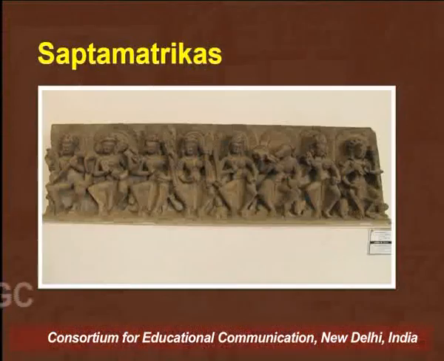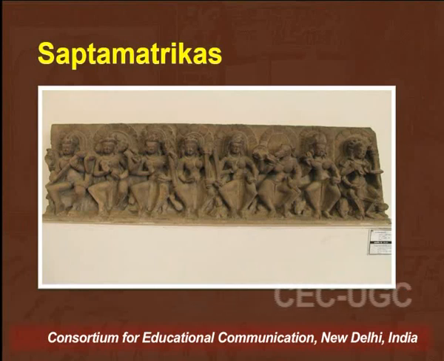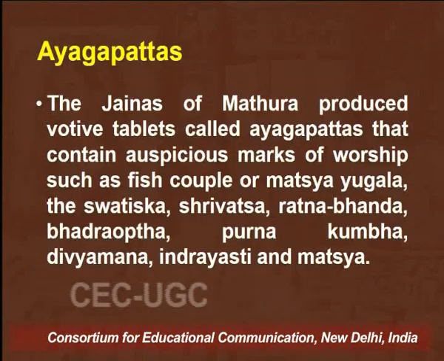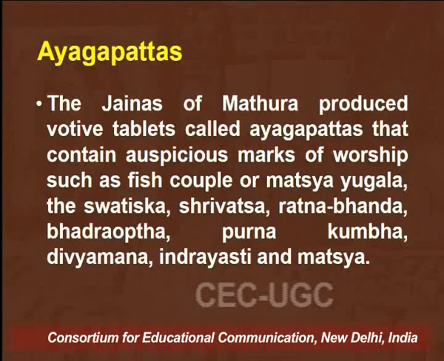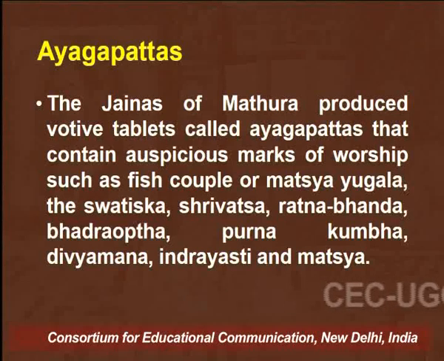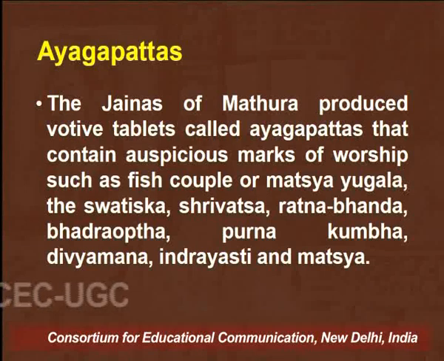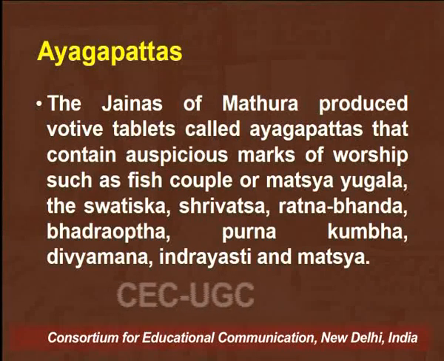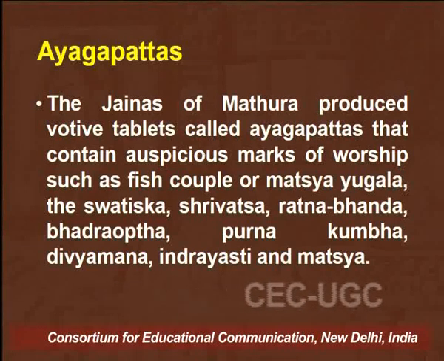Now this panel shows Sapta Matrikas, that is the panel showing 7 mothers and who were supposed to have special powers. Then one can also talk about Ayagapatas. The Jains of Mathura produced votive tablets called Ayagapatas that contain auspicious marks of worship.